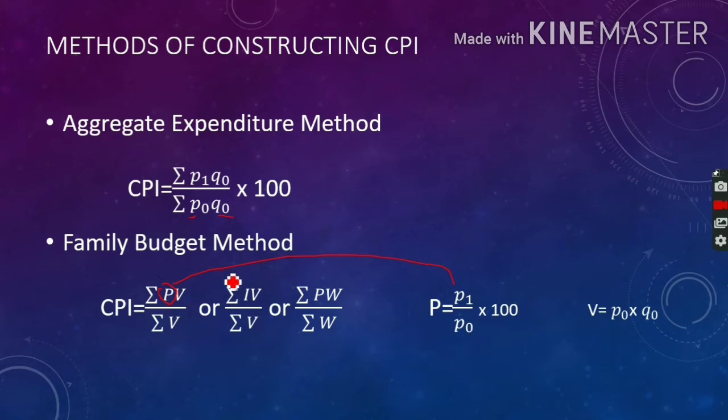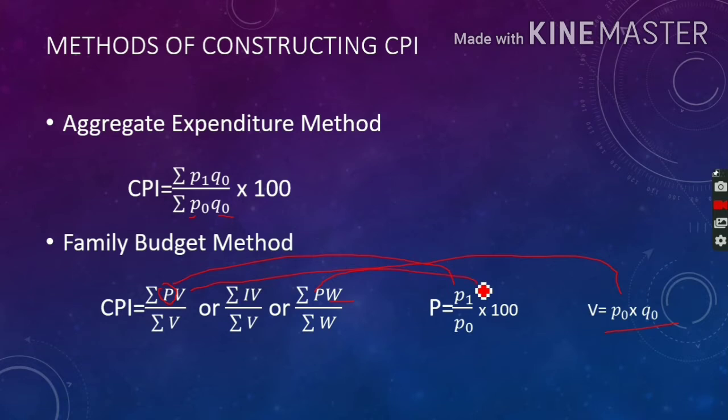Next, V represents value. The value equals P0 into Q0, that is base year price and quantity. Similarly, there is another formula, I equals sigma PW divided by sigma W, where W means weights and P means price relative.